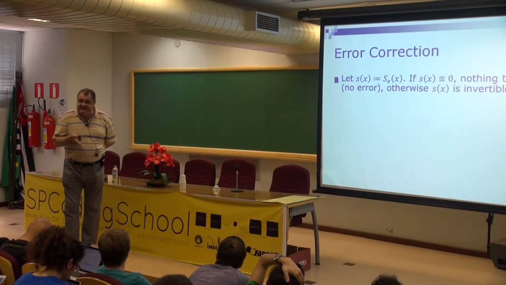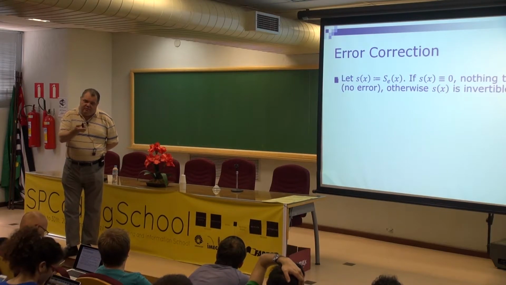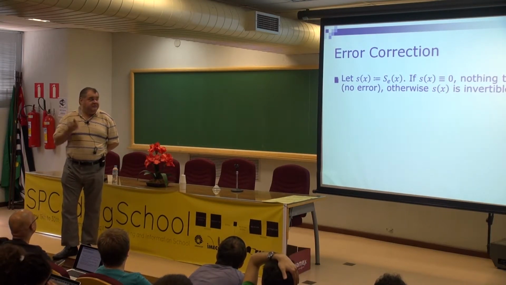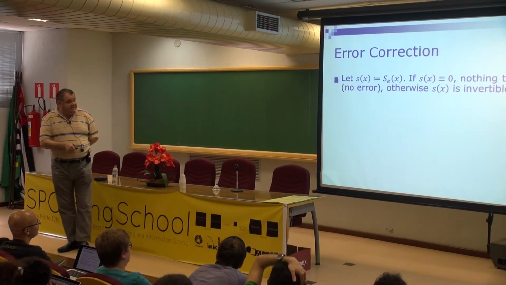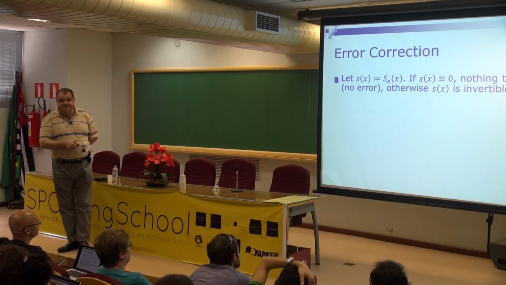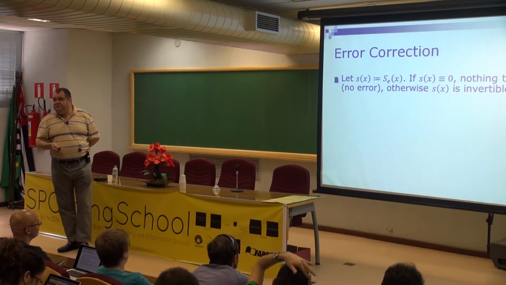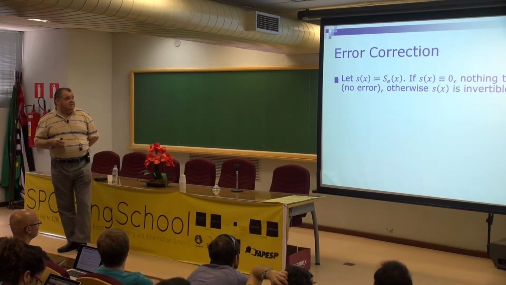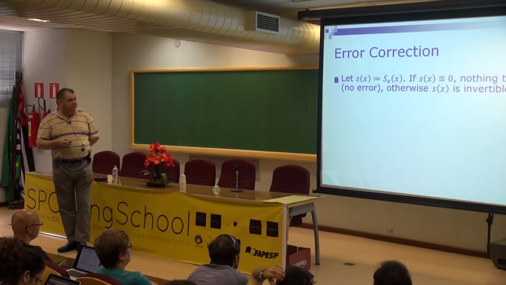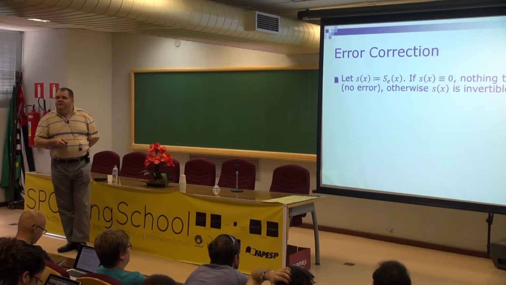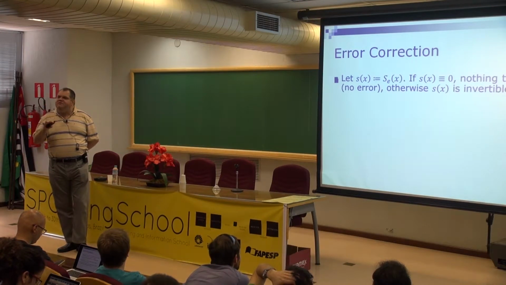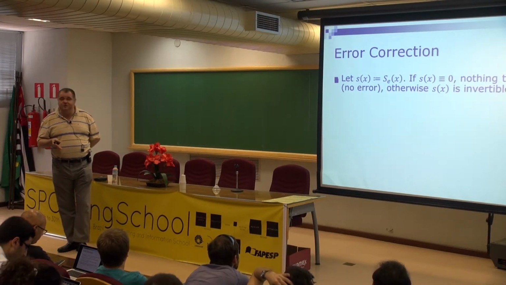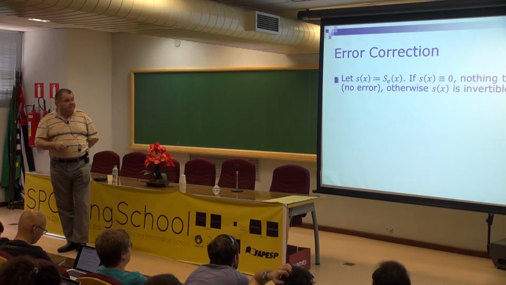The syndrome function is linear, so the syndrome of a received code word with errors equals the syndrome of the error vector. If the syndrome of e is 0, there are no errors, or we are not able to detect any errors there. So we are done, nothing else to do. Otherwise, assuming that g is irreducible, then S of x should be invertible mod g.